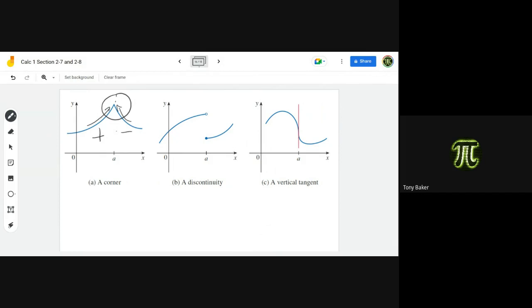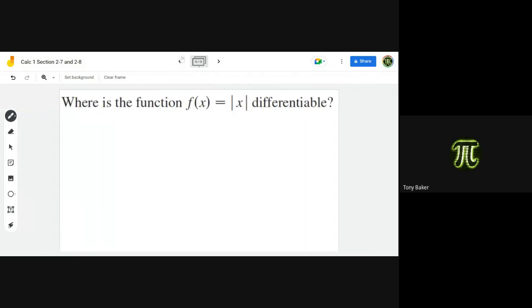A perfect example of this is the equation for absolute value. So if we're looking at the limit as h goes to 0 of the absolute value of x plus h minus the absolute value of x, over h. If we're on the negative side, if x is less than 0, the absolute value of x is really negative x, correct?